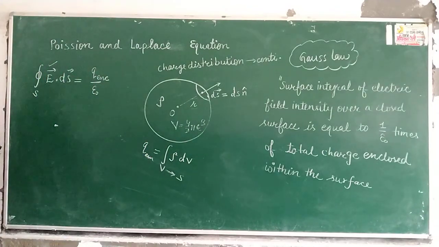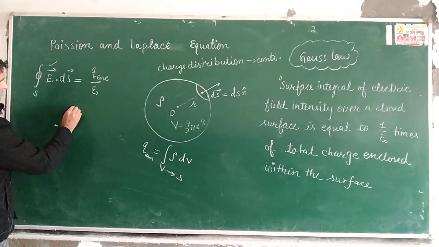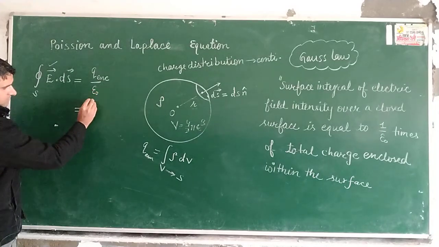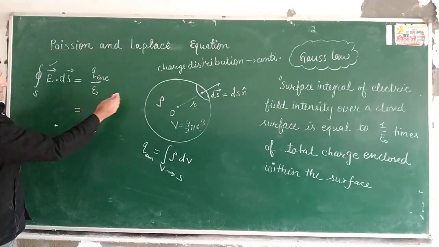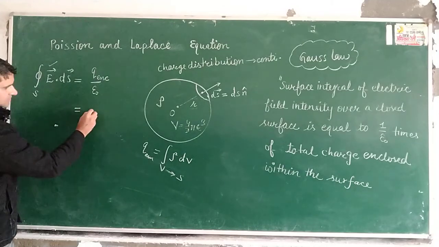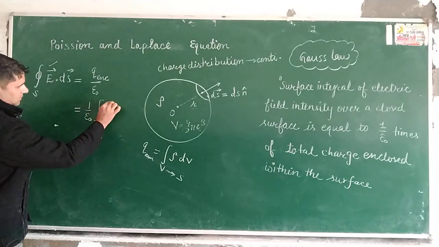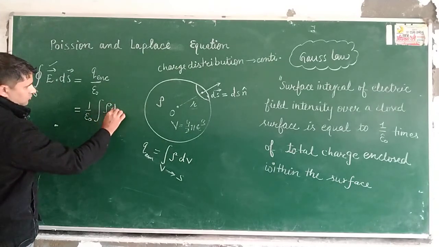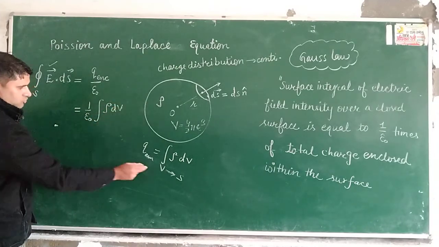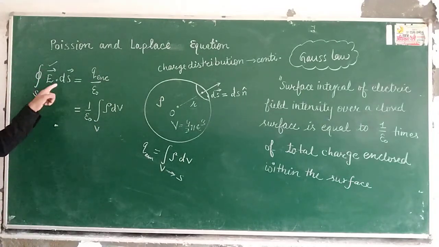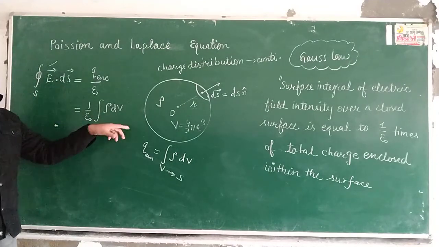Now if we substitute the value of charge enclosed here, then we can write the right hand side of this equation as 1 by epsilon naught times the integral of charge density over the volume enclosed by the surface S. Now you see on the left hand side we have a surface integral and here we have a volume integral.